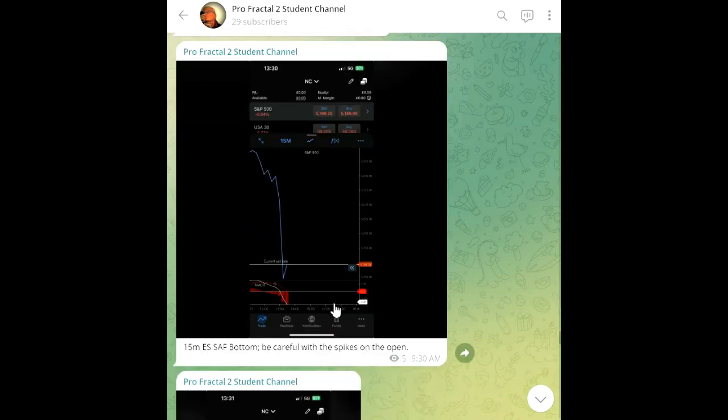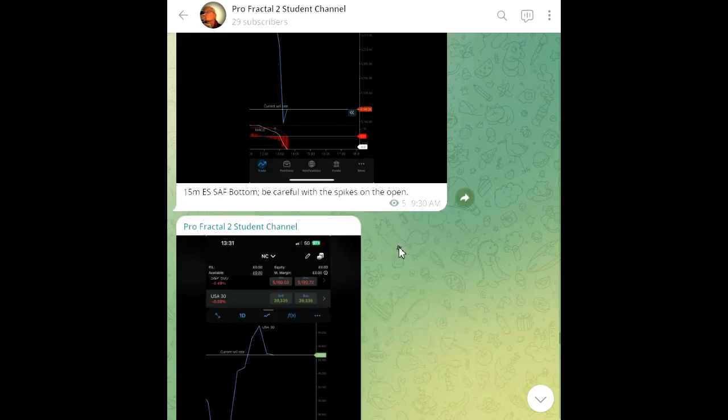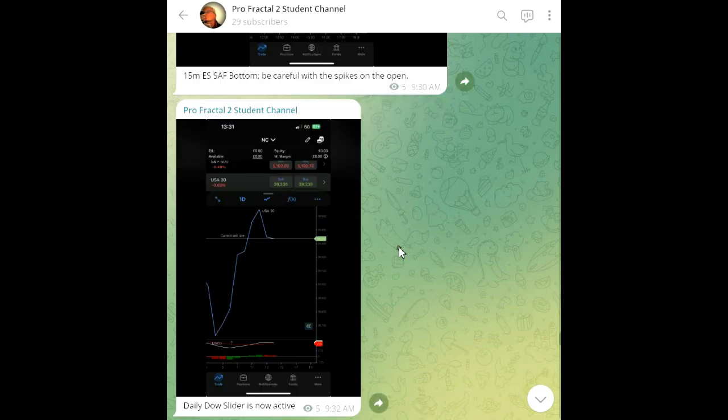Neil pointed out a 15M bottom. But again, that's at the open. It's kind of risky. We have a daily slider. Dow could have topped out here. I don't know for a day or a week, but again, we're pretty bearish on it.